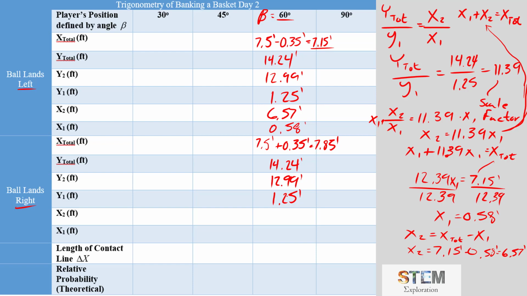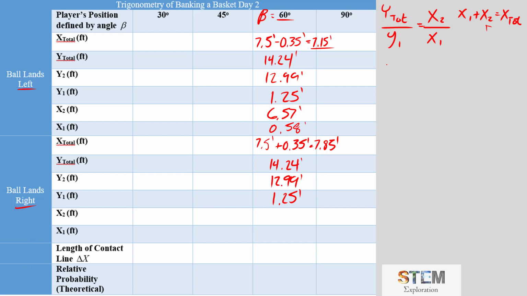And so now we just have to calculate x2 and x1 again. So if we go back to this relationship of y total and y1, where you have 14.24 feet divided by 1.25 feet, again, remember that this is 11.39, and this is your relationship of x2 over x1. So if you multiply both sides by x1, you get x2 equaling 11.39 x1.